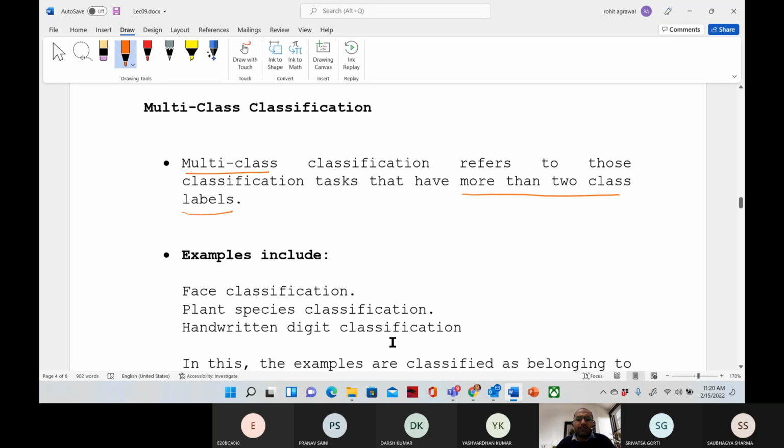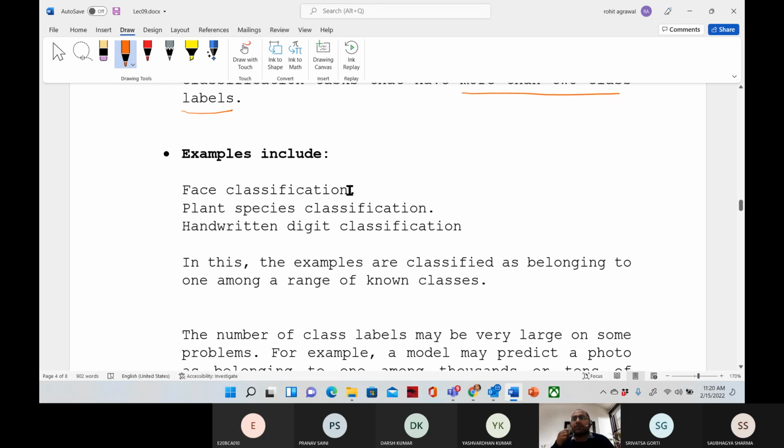An example is face classification. Suppose you have a bunch of images. There may be an image of the Prime Minister of India, the Chief Minister of Uttar Pradesh, the Chief Minister of Madhya Pradesh. Maybe you have 100 images of the Prime Minister, 200 images of a Chief Minister, or different numbers of images for different people.